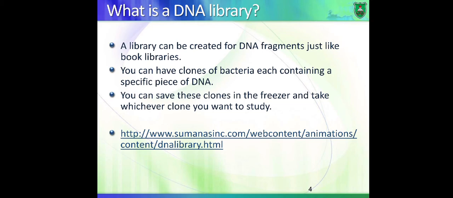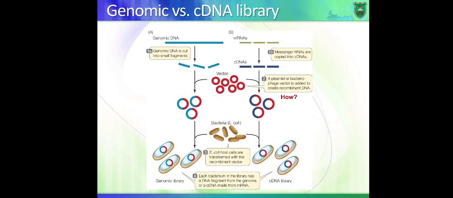Okay, so it's the same idea as a library. So what we do here with a DNA library is that we have different clones, or different plasmid molecules, each one of them containing a specific DNA insert, and I usually know what this insert is. Okay, so how do we create a DNA library? There are two types of libraries.